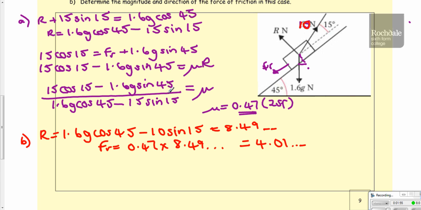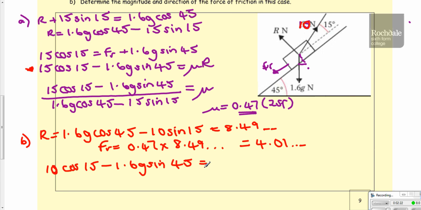And if we go back to, again, this line here, the only thing that's changed, this is friction, and we know that that is 4. So what we can do is we can say that we have 10 cos 15 minus 1.6g sine 45.